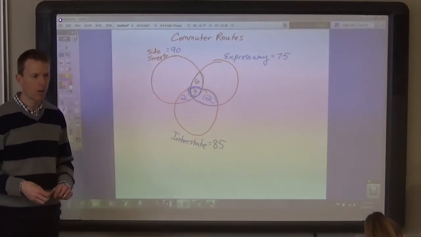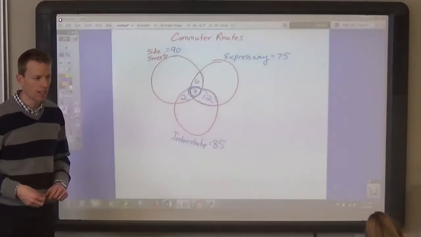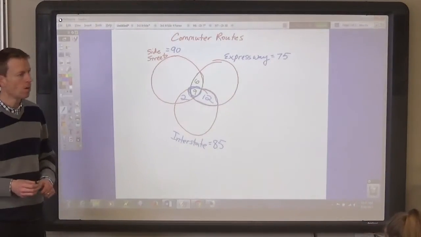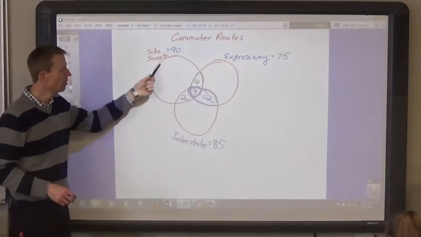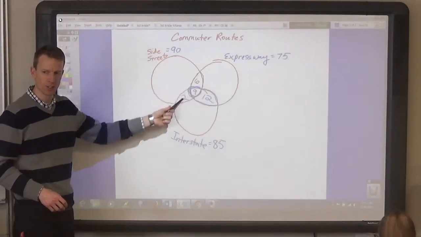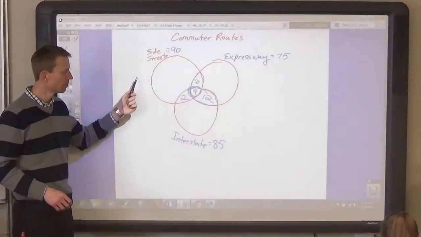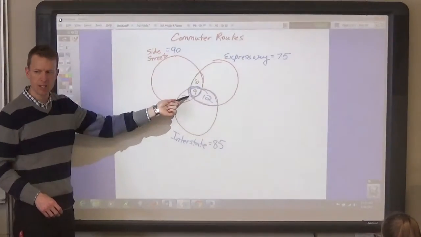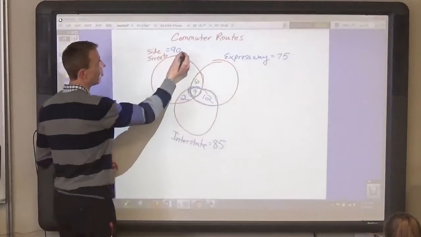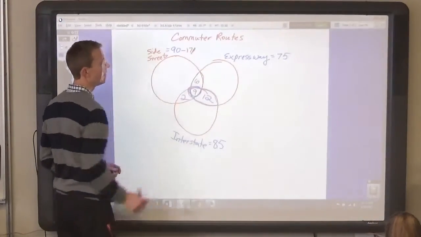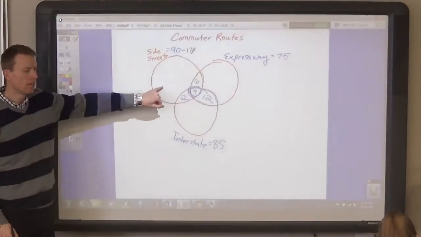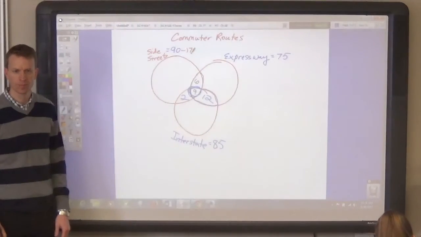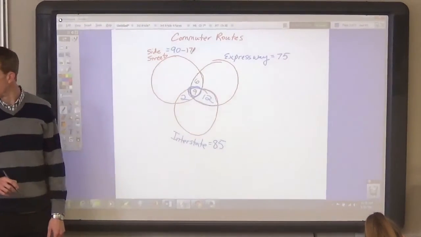Let's just talk about how to do it first. And then I'll let you find the answer. Well, if there's 90 in this circle, how many do we already have in this circle? 15 plus 2 is 17. So if we take away 17, we know how many are in this circle. How many are in this circle? 73.